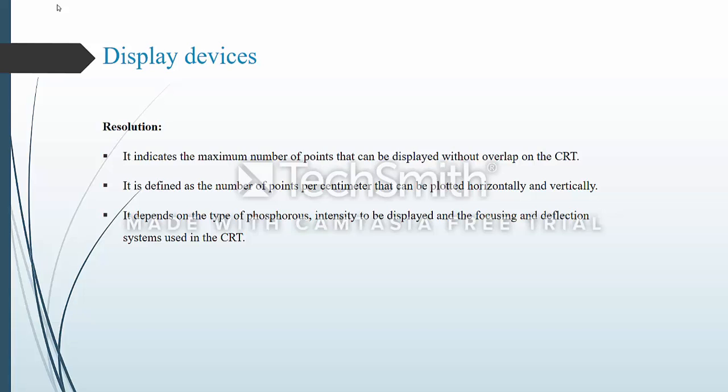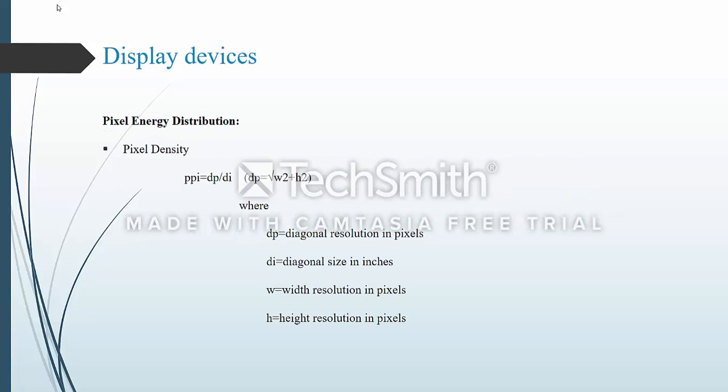Now we will discuss resolution. It indicates the maximum number of points that can be displayed without overlap on the CRT. It is defined as the number of points per centimeter that can be plotted horizontally and vertically. It depends on the type of phosphor, the intensity to be displayed, and the focusing and deflection systems used in the CRT. Pixel density.